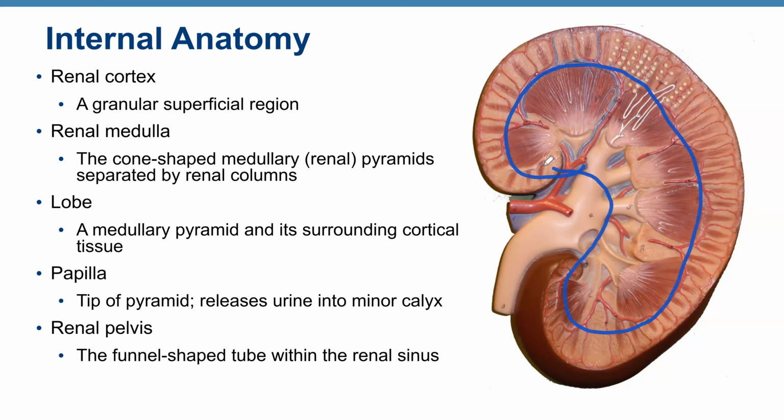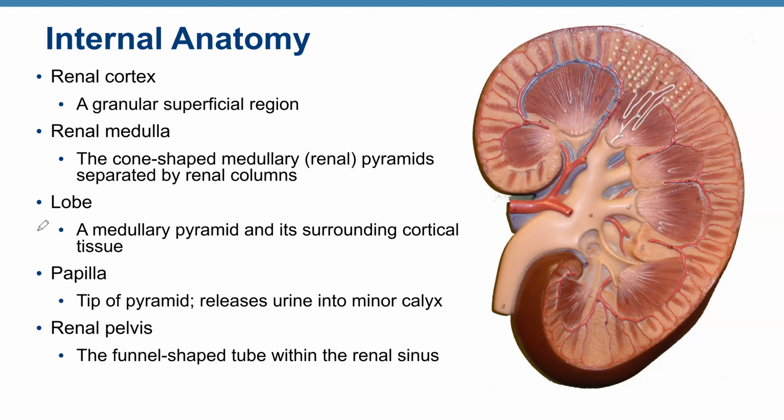The cone-shaped medullary renal pyramids are separated by renal columns. So the medulla includes pyramids. Here's a pyramid, and here's another pyramid, called renal pyramids. The tissue between pyramids is called renal columns. Now a lobe is a medullary pyramid and its surrounding cortical tissue.